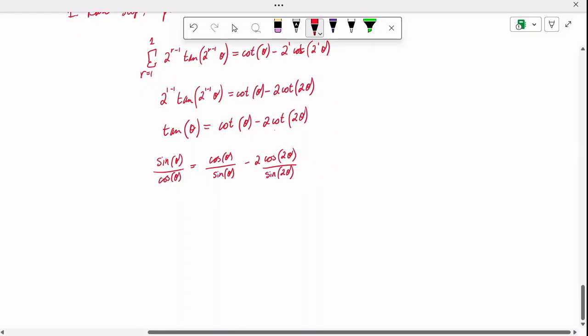So straight away I can see that I'm going to have to pull a double angle identity out of the bag. You've got a couple of choices here, because you've got a choice for your cos double angle, but you don't have a choice for your sine double angle.